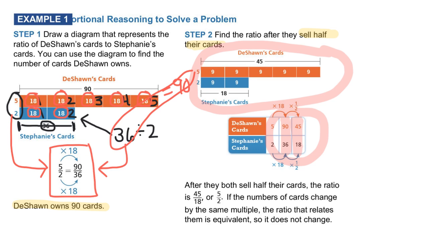Regardless of how you do it, at the end, Deshawn is going to have 45 cards. And Stephanie's going to have 18. So that's where they're coming up with this ratio.